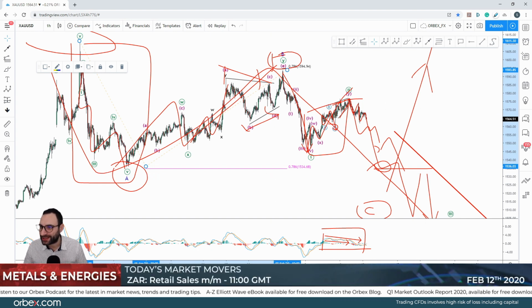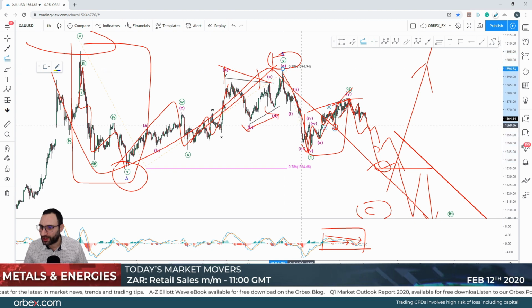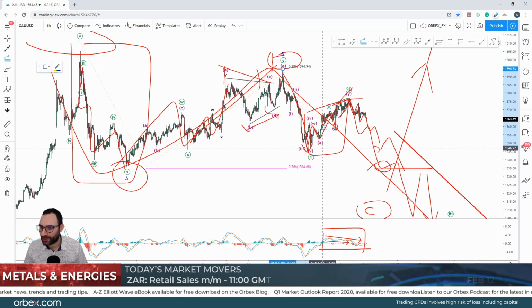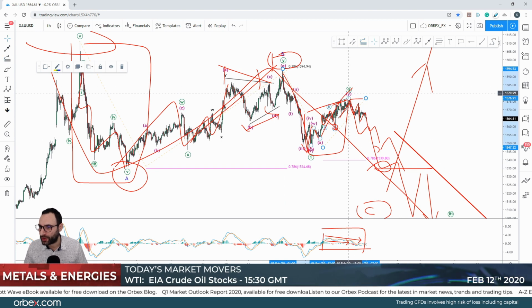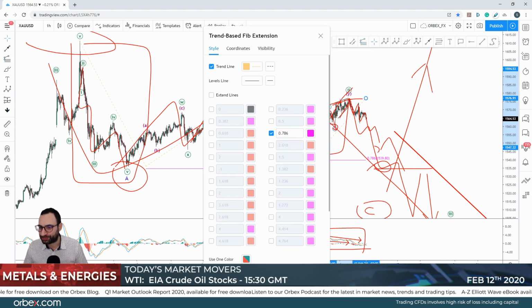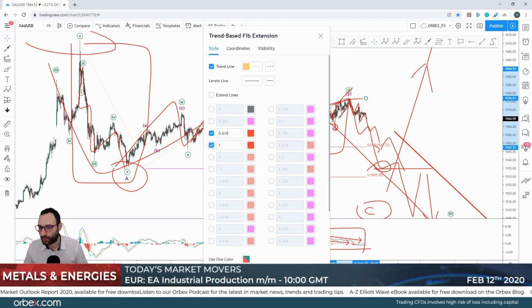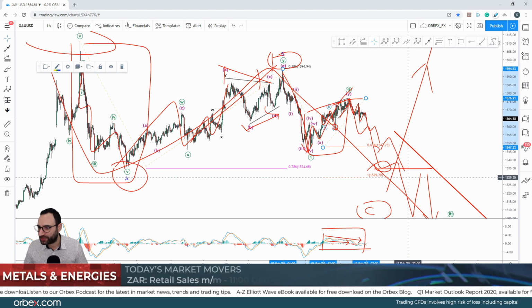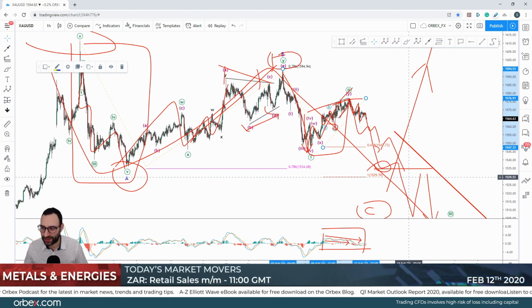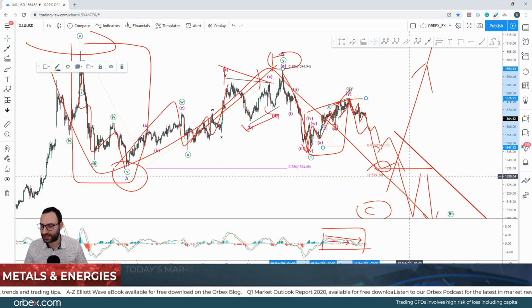Now, if we just again pull that Fibonacci extension, because we are assuming that this is the end of wave 2, in this case, we don't want that. We want the 1.618. So the 1 is around 1529. So this is at least where wave 3 is going to end. This is the minimum, let's say, for wave 3.